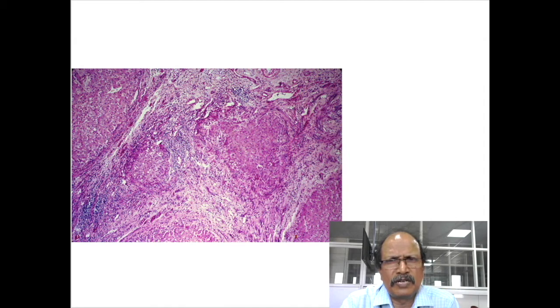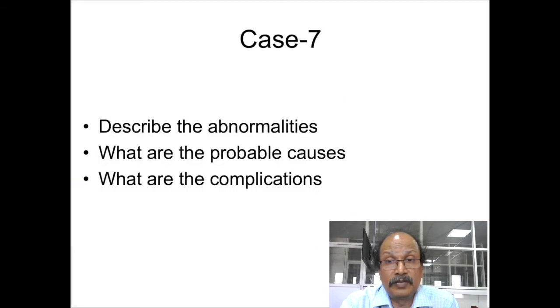So this architecture is lost, and there is nodule formation and fibrosis. So these are the features to say it is a case of cirrhosis. So grossly more than 3 millimeters establishes this as a macronodular variety of cirrhosis. So what is the complication of macronodular cirrhosis? As I was telling in the previous case, they are more prone for hepatocellular carcinoma.